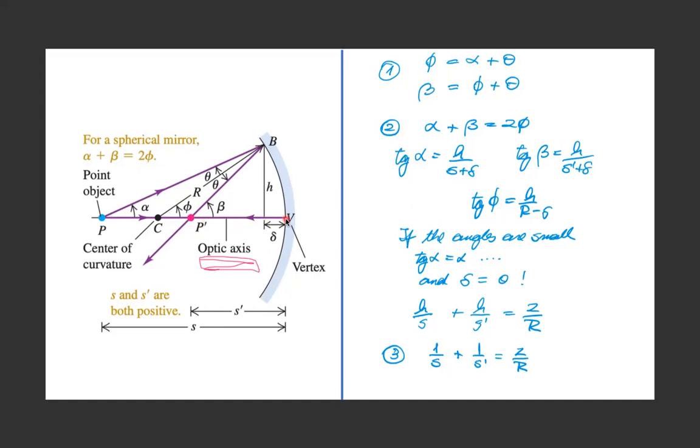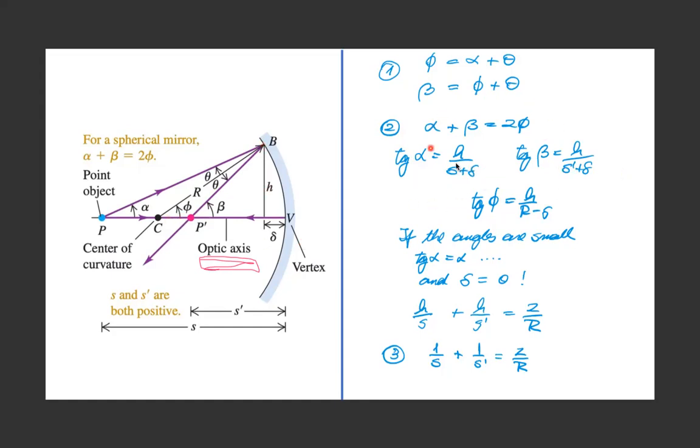And the same here, tangent beta is h over s prime, which is the distance from the vertex to the image point, minus delta. So this sign is wrong and this sign is wrong, but this sign is absolutely correct. I don't know what came into my mind. Okay, so those two signs are incorrect, but simply by looking at this thing.